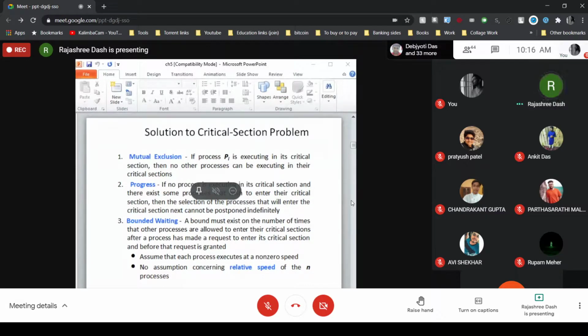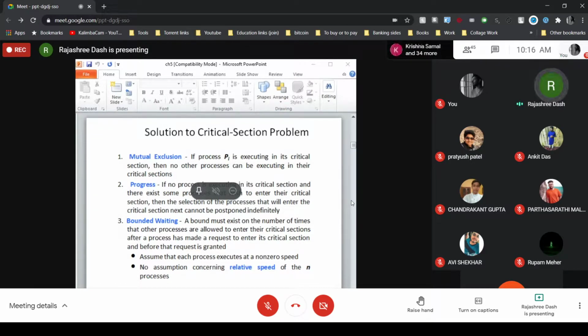Then the selection of that process should not be postponed indefinitely. Within some finite amount of time, some process needs to enter the critical section. The processes waiting to enter should not wait indefinitely. That was the requirement of the second property, that is progress.